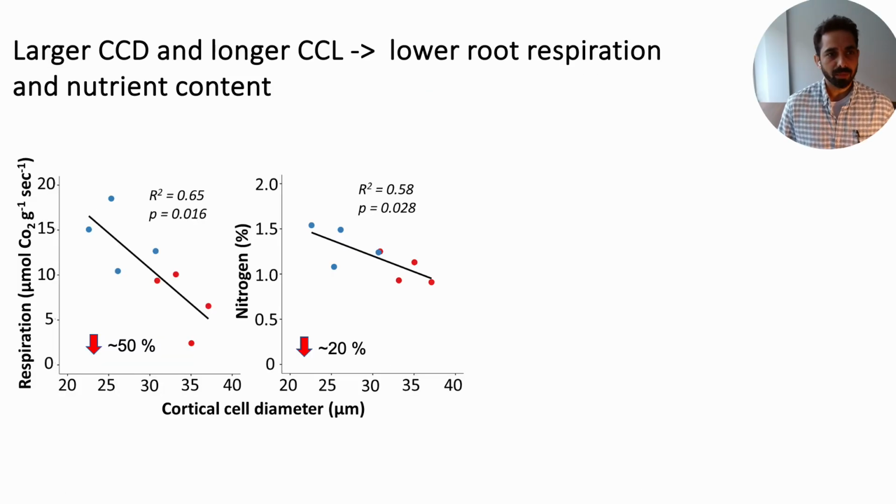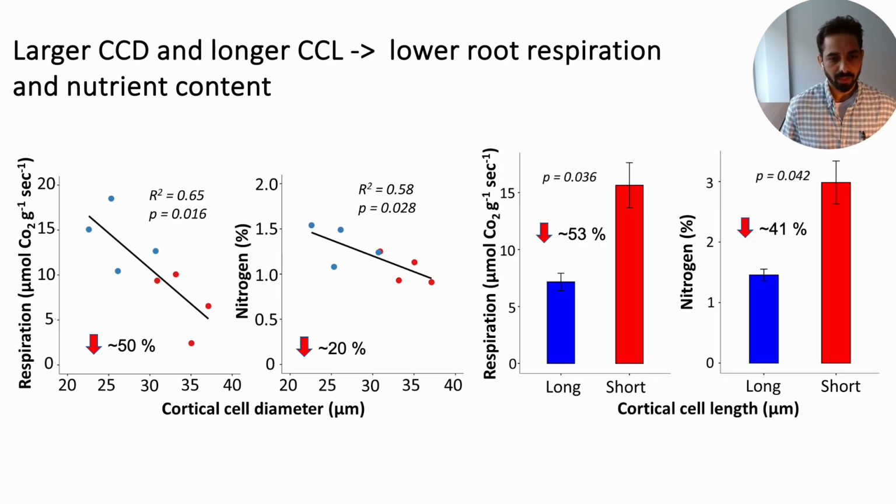Using those lines, we did empirical measurements for root respiration, where the lines with larger cell diameter have reduced root respiration and reduced root nitrogen content, and lines which are longer in terms of cortical cell length have decreased root respiration and decreased nitrogen content. So it sort of proved the hypothesis that was coming out of the other studies as well as the RootSlice model.